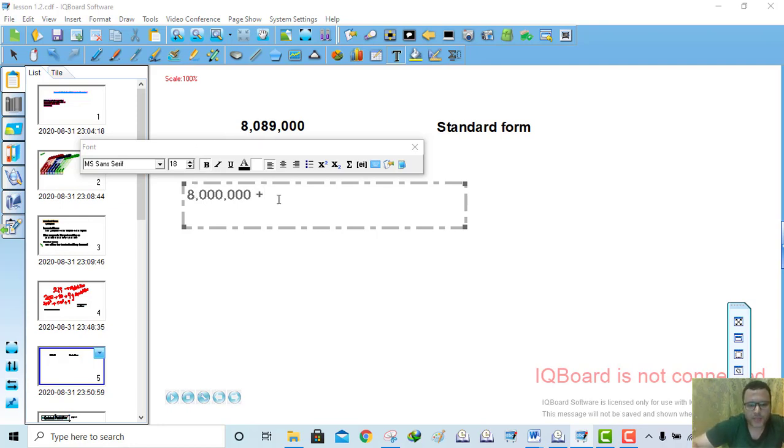So this 8 is in the 10,000s place, so it will be 8 and how many 0? 80,000 plus 9 in the thousand place, so 9,000. Plus nothing because here we have zeros.